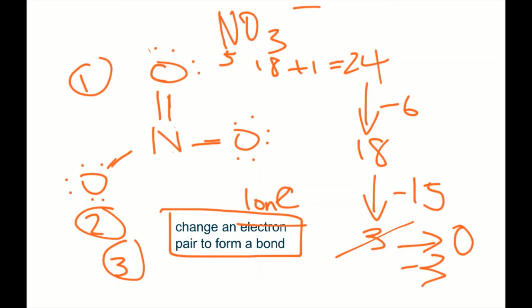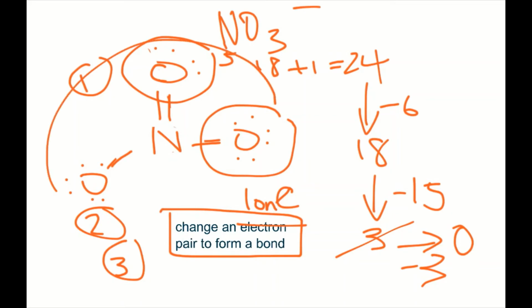And notice now, by adding a bond to nitrogen, nitrogen is now happy because it has 8 valence electrons, and this oxygen is happy since it has 8, and this oxygen is happy since it has 8, and the last oxygen is also happy. So this is the official Lewis structure for nitrate. Well, it's not the actual thing you should write. What you should write is this.